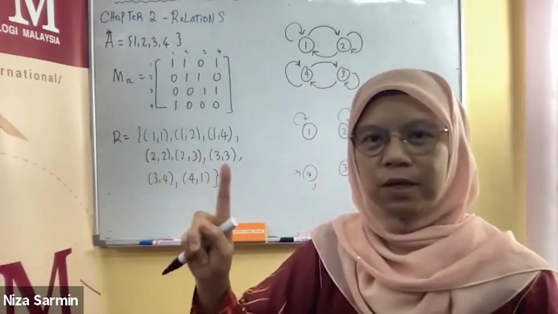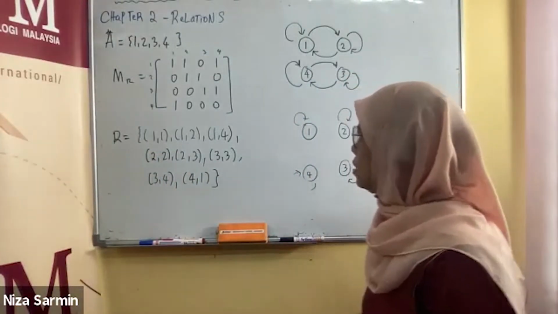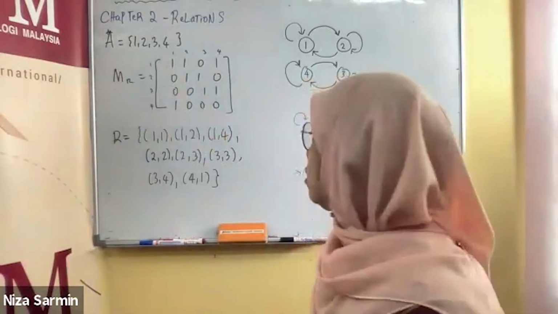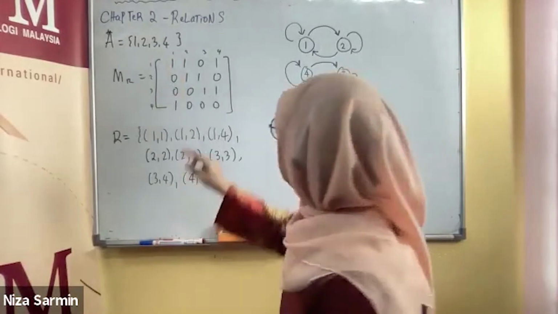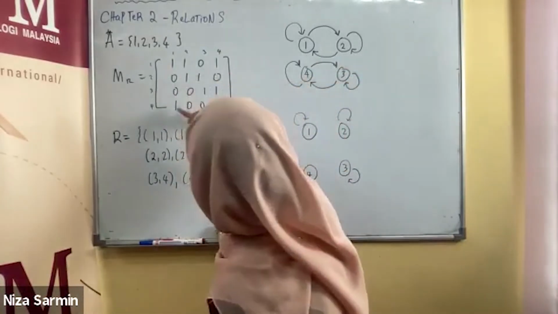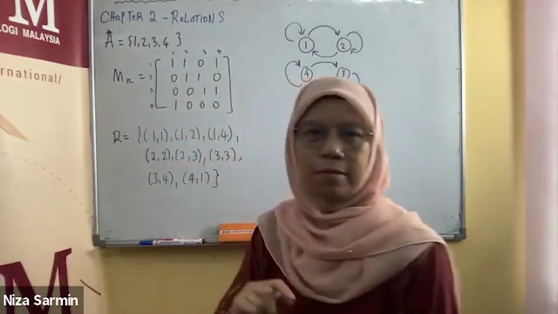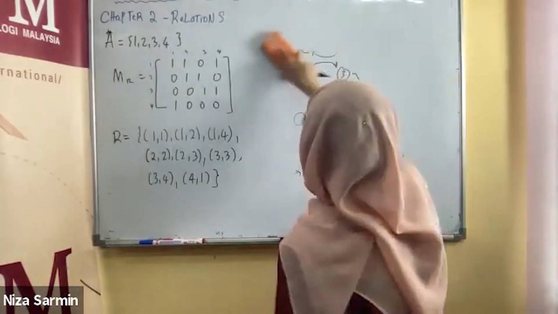So you just have to find one reason, not transitive. For asymmetric, because you have this, not asymmetric. For anti-symmetry also is not, because you have this and this, right? You have this and this. Cannot be.